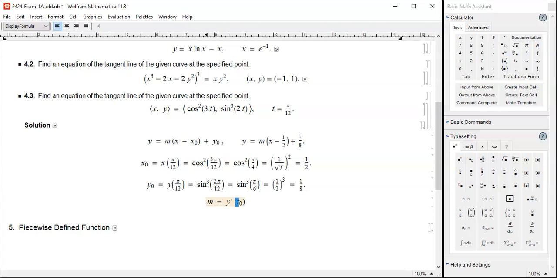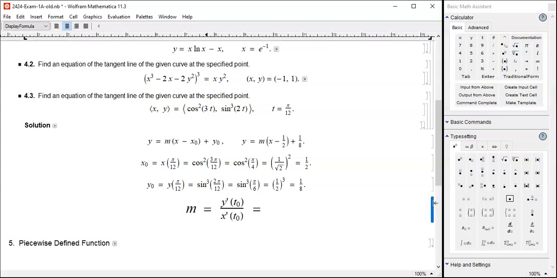Everybody should remember this. y prime over x prime evaluated at the point of interest, in this case, pi over 12. So y prime of pi over 12 over x prime of pi over 12 is the computation you'll have to do.